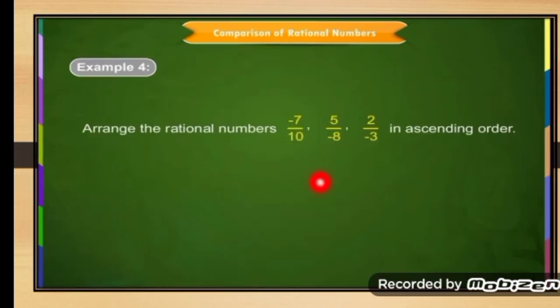In this example, we have to arrange these three rational numbers in ascending order. You can see that the denominators of these two rational numbers are negative. So according to step 1, first of all, we will make these denominators positive.